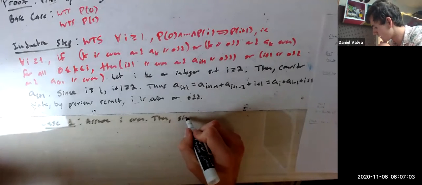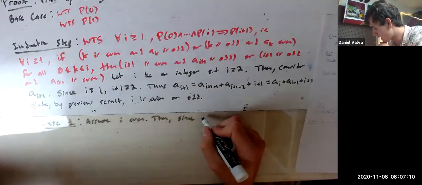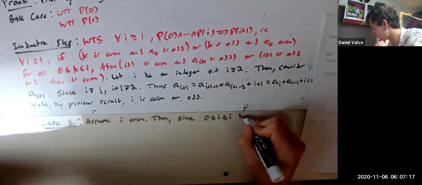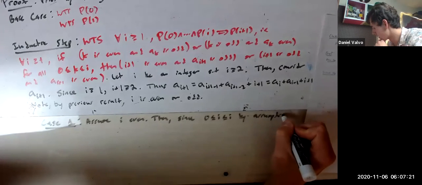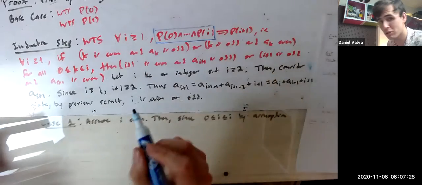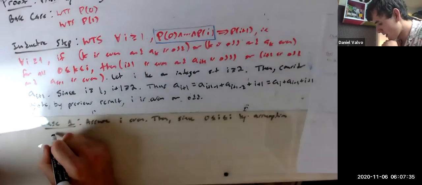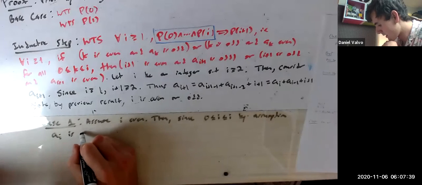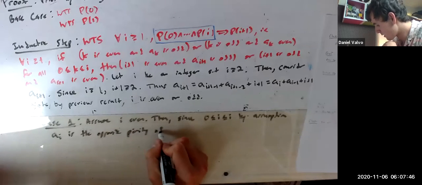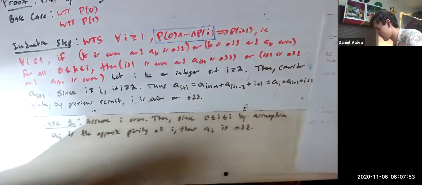Then, since 0 is less than or equal to i less than or equal to i, by our assumption here, where we want to assume that P of 0 all the way up to P of i is true, by this assumption, a_i is the opposite parity of i.